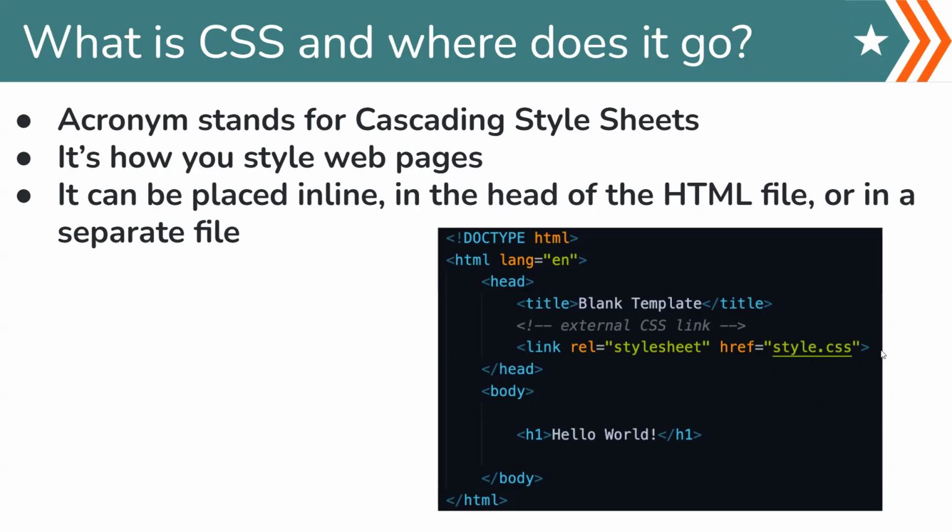If it's two files up or down somewhere else nested within another directory, you have to provide that file path here in the href section, right? So you have to specify what file you have to go into and nest your way through to find it in relationship to the HTML file itself. So it doesn't have to be right next to it. You just have to tell your HTML file how to find it. Does that make sense? Cool.